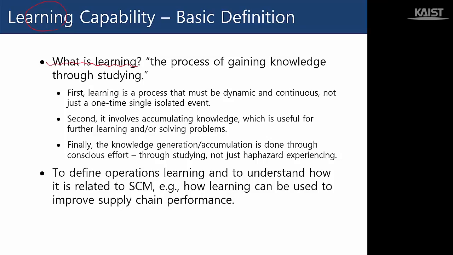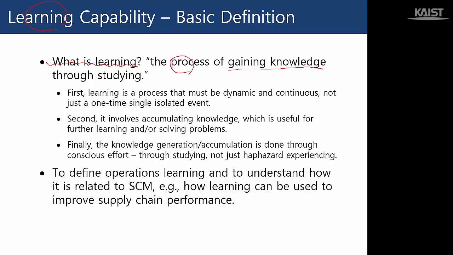I would just say that learning, at least for the purpose of our course, is a process. What kind of process is it? Gaining knowledge. So we want to make sure that we learn something. And what is that something?